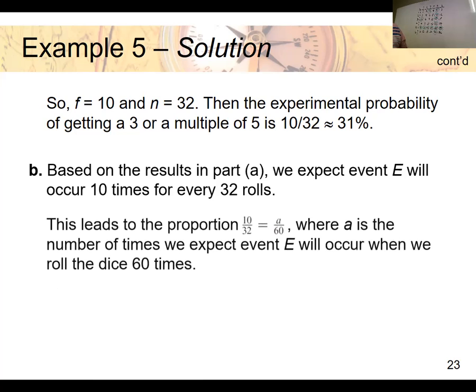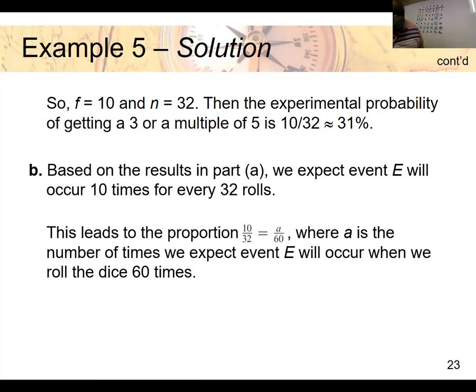Which leads us to a proportion. Because if we're going to roll the dice 60 times, and we want to find out what that probability would be, or how often would you expect to get a roll of 3 or a multiple of 5?